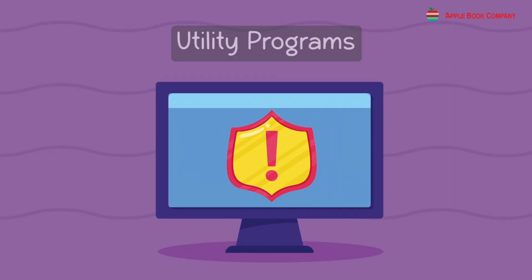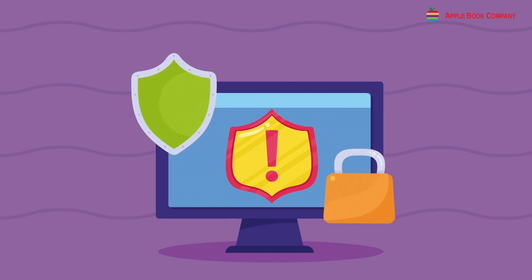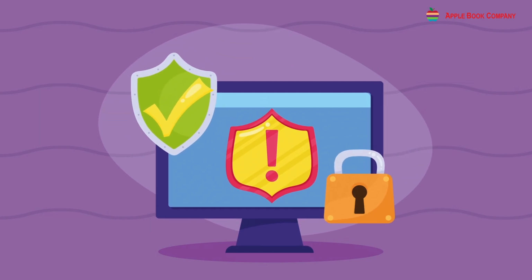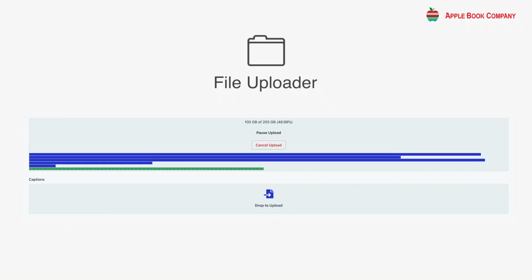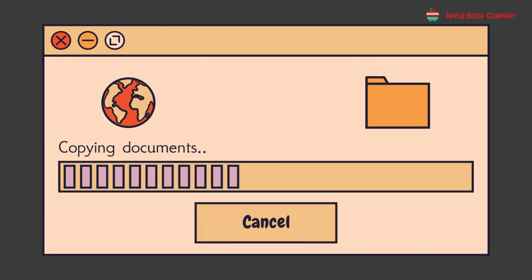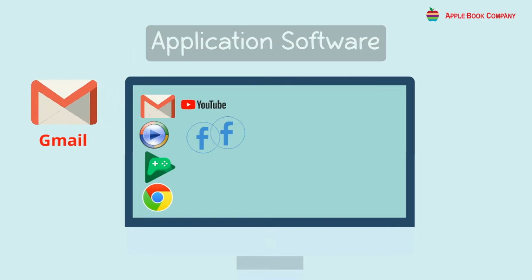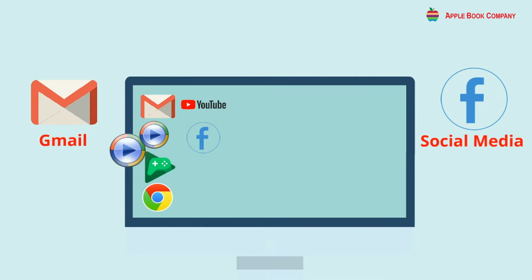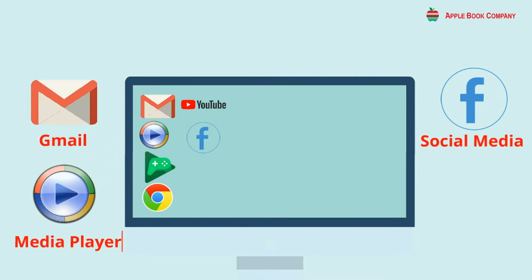Utility programs. Utility programs are like tools that help us maintain and optimize the computer. They perform tasks like cleaning up disk space, protecting against viruses, and backing up files. Application software. Application software are like the different rooms in a house. Each program serves a specific purpose and allows us to perform different tasks.